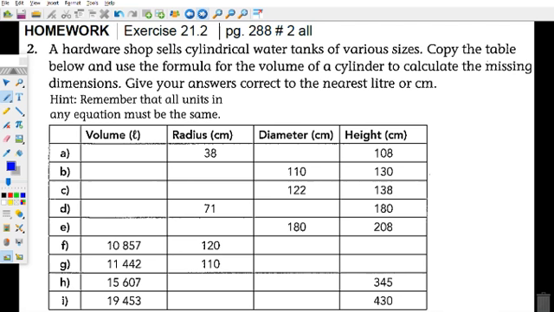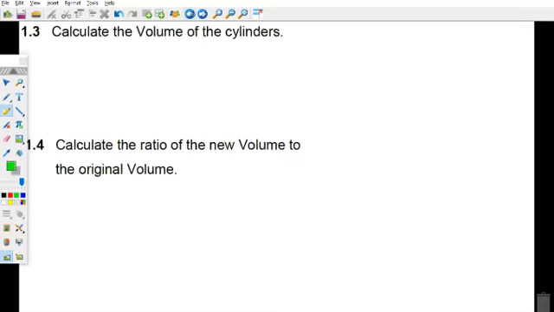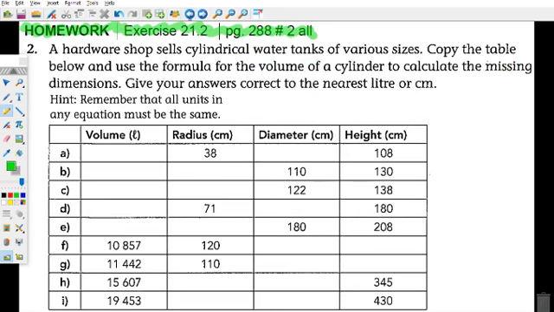All right. So look at this. I'm highlighting homework. So here, what is this? This is a conversion table. You've got to write it out in your books, and I'll write a nice little neat table. I'm going to do the first one with you.